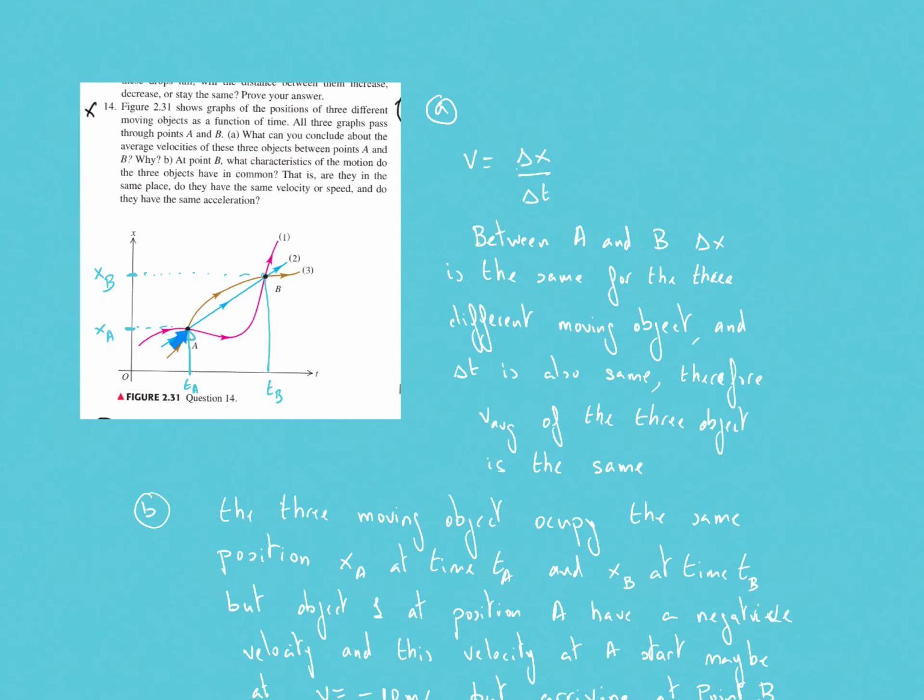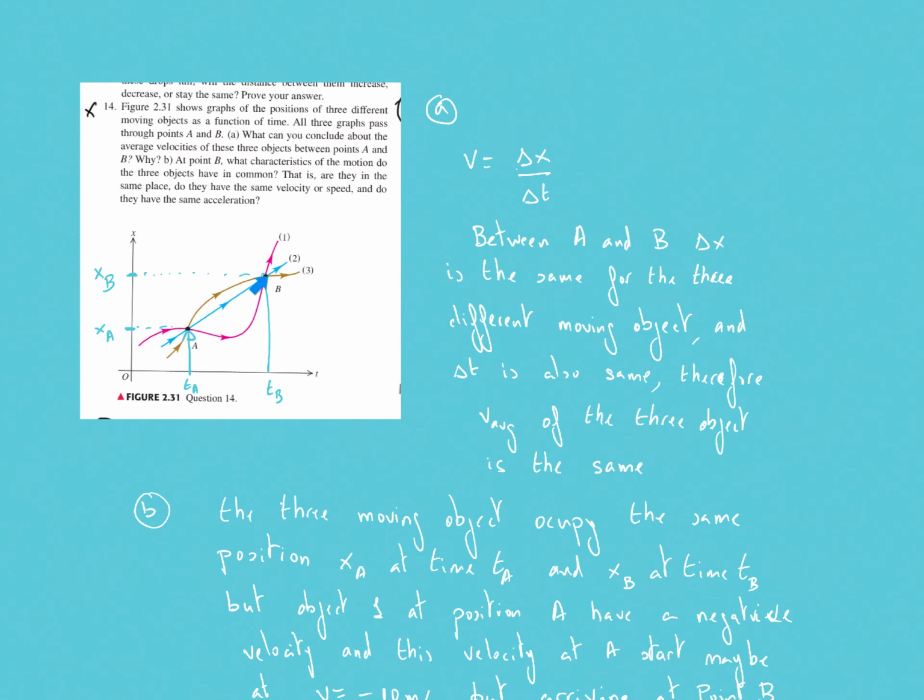So the velocity at the point A will be negative for object 1. For object 2, the velocity is positive and constant because it's a rectilinear line. And for object 3, the velocity at the point A is positive. So they have the same position at the point A, but different velocity at the point A.